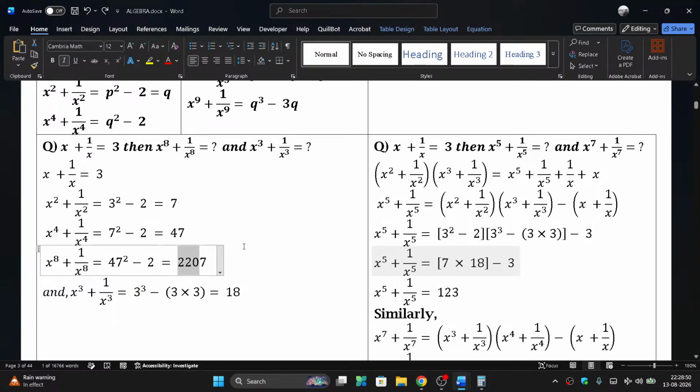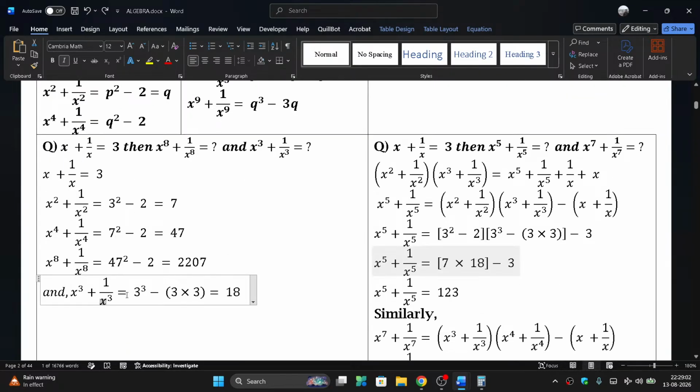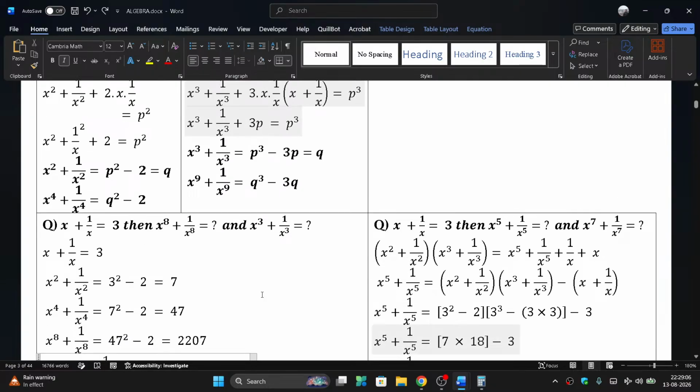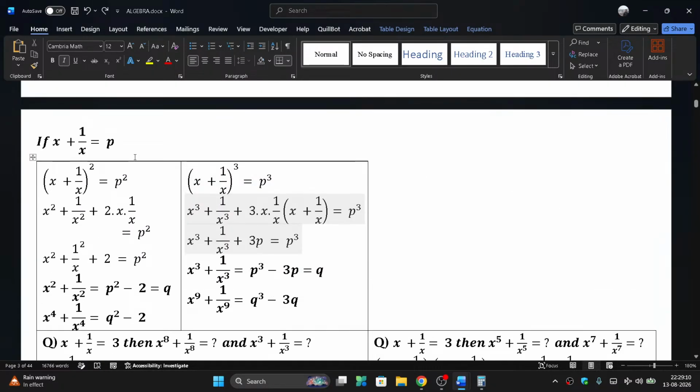And x cube plus 1 by x cube would be 3 cube minus 3 into 3, because x plus 1 by x is 3, it's p cube minus 3p.